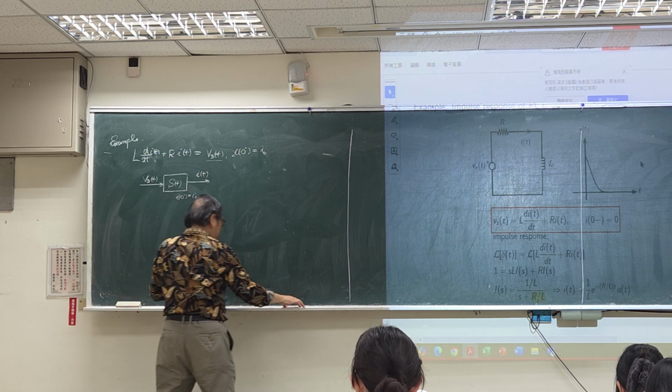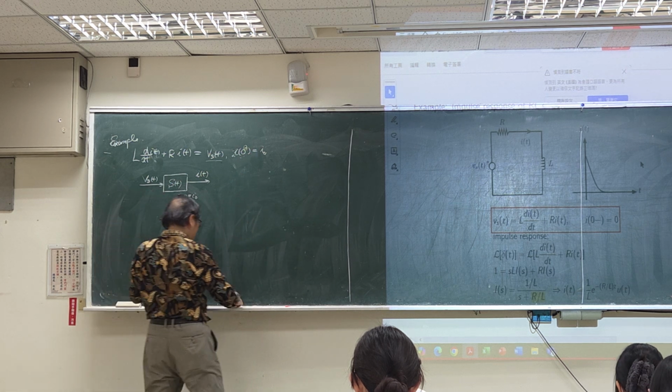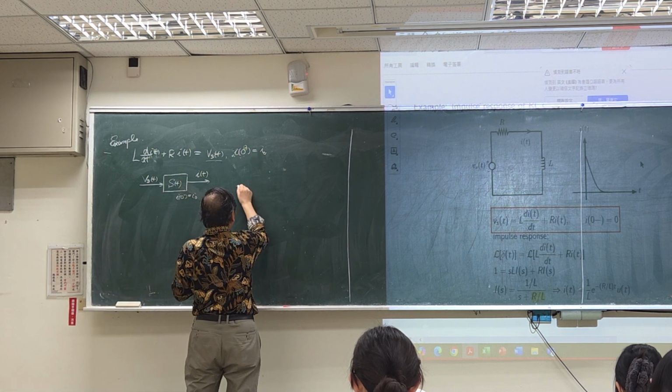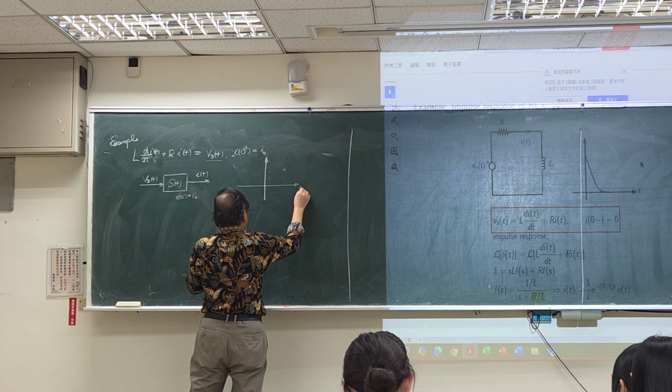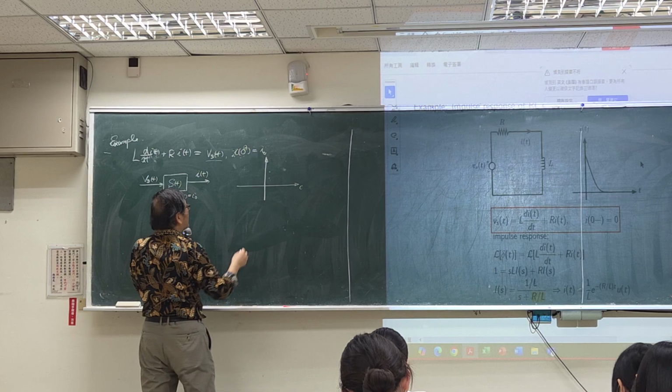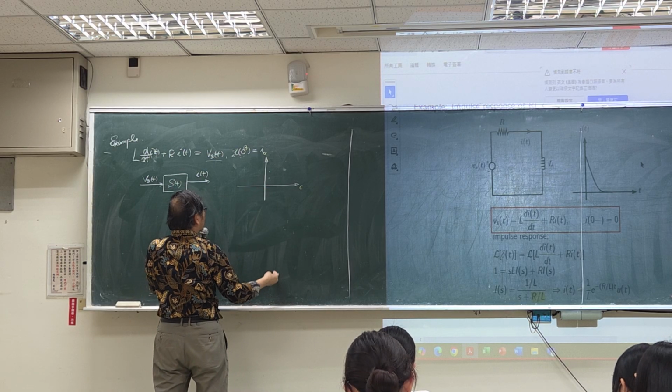Now this notation, 0 sub minus, that means which is smaller than 0 but very, very close to 0. Suppose I have a plot for current.